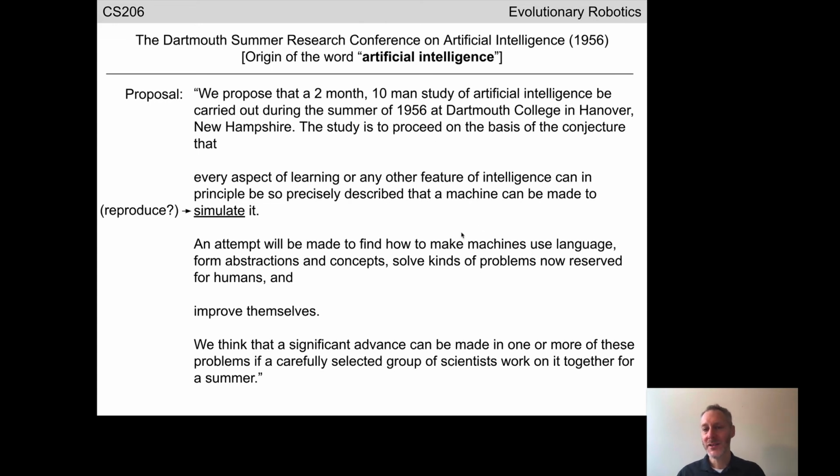So another interesting insight from the Summer Research Conference in 1956 is that researchers at that time severely underestimated how difficult it would be to make intelligent machines. You can ask yourself, how close are we to creating a chatbot that you could have an interesting conversation with?